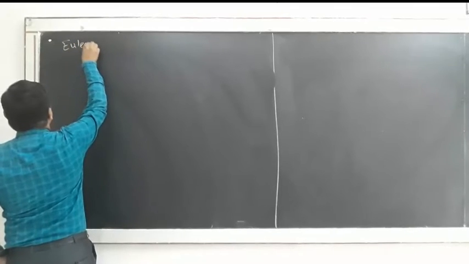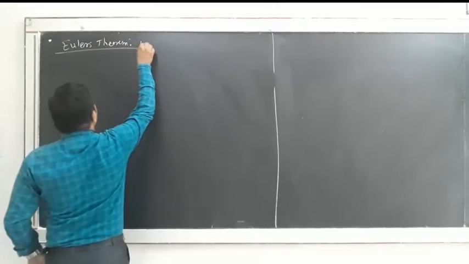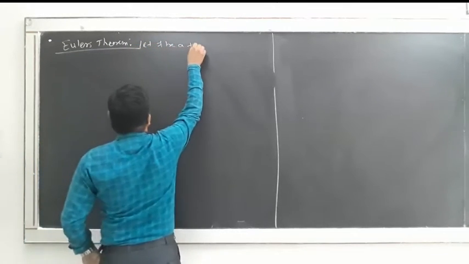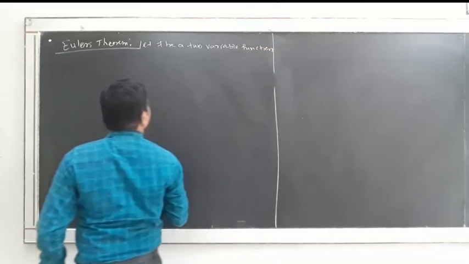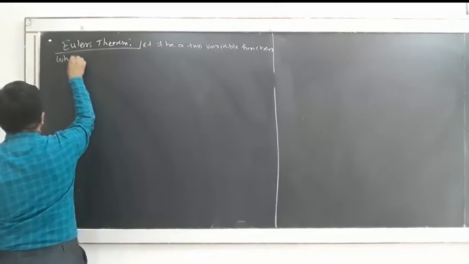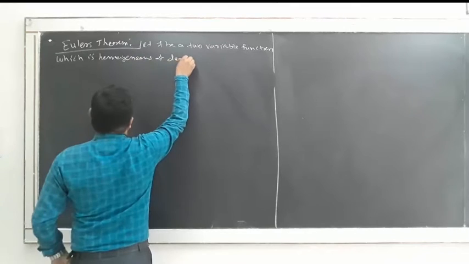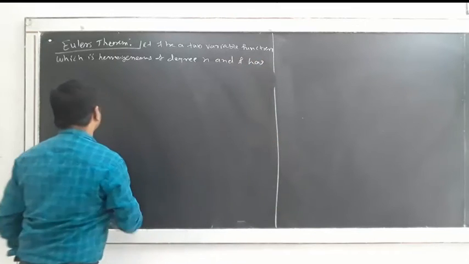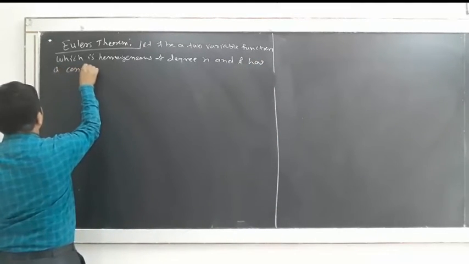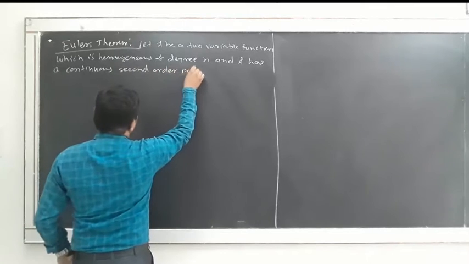So what is our Euler's theorem? Euler's theorem: let f be a two variable function which is homogeneous of degree n, and f has continuous second order partial derivatives.